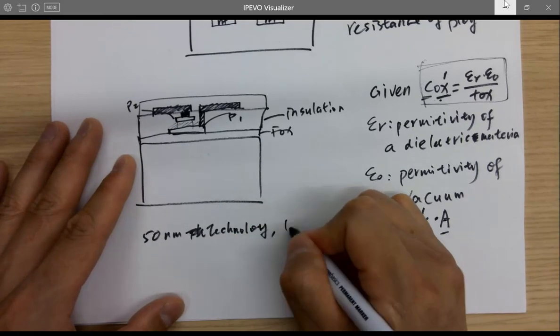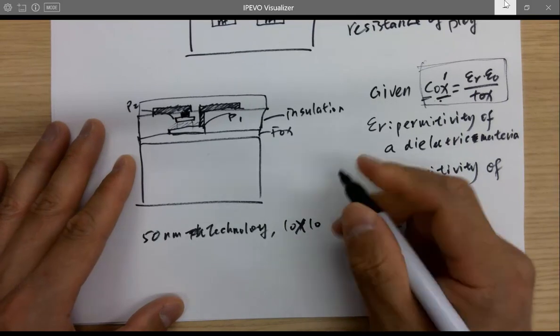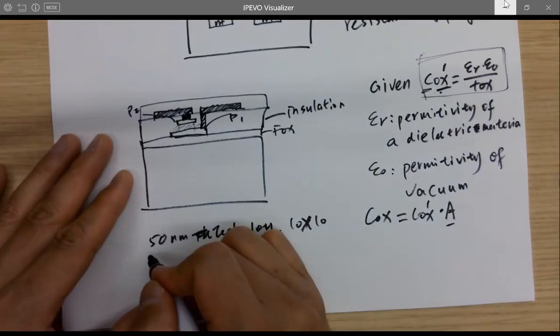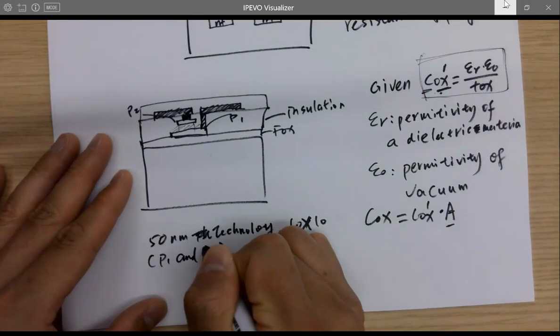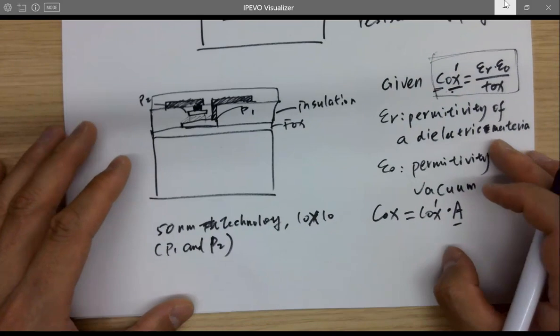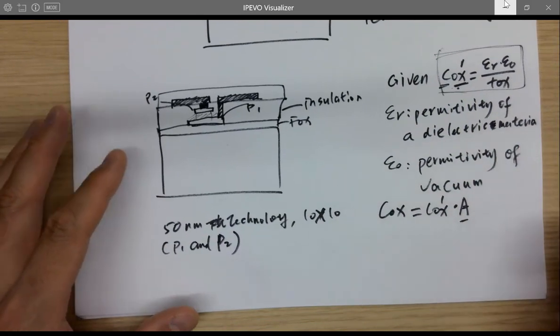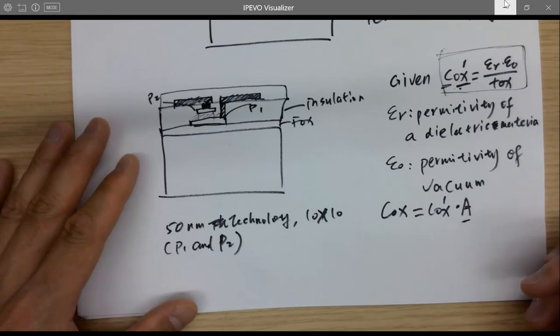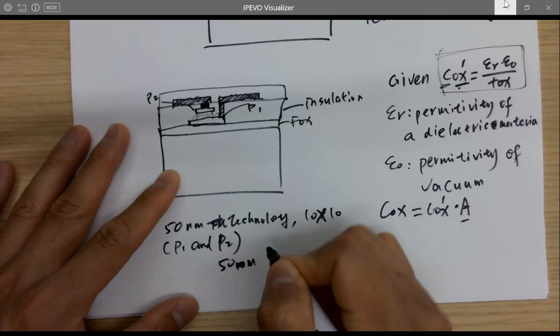The overlap is 10 by 10 for P1 and P2, okay? So 10 by 10 what? If I'm saying it's 10 by 10, it's actually 50 nanometer times 10.